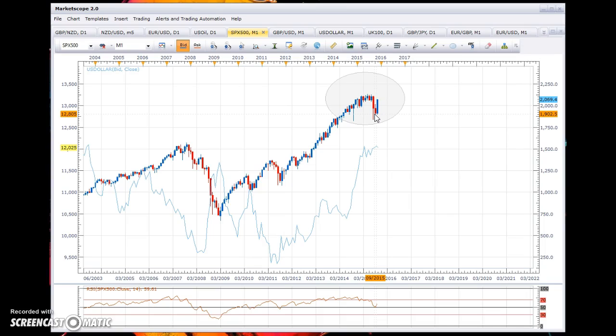Okay, so what we need is to either surpass the 2,100. At the moment we're at 2,069, so we haven't quite really broken new highs. So we need to break new highs and actually consolidate those new highs.